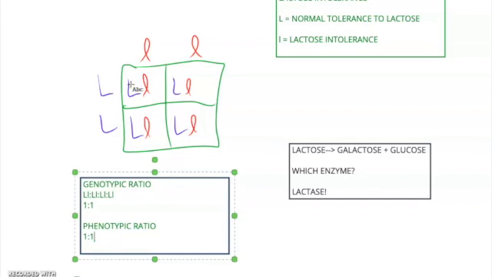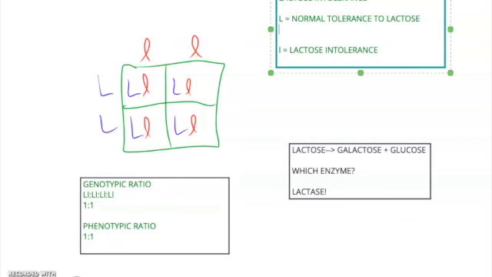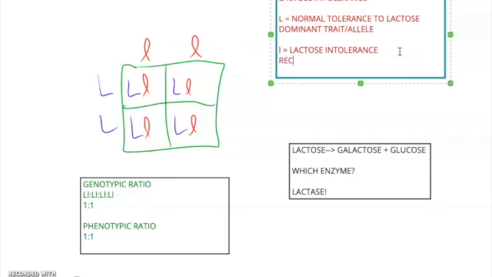As you can see, the big L actually is overpowering the small l. Remember that the big L is the dominant trait, so this is the dominant trait and dominant allele. And then this one is the lowercase l, and it's always the lowercase letter that represents the recessive trait or recessive allele.